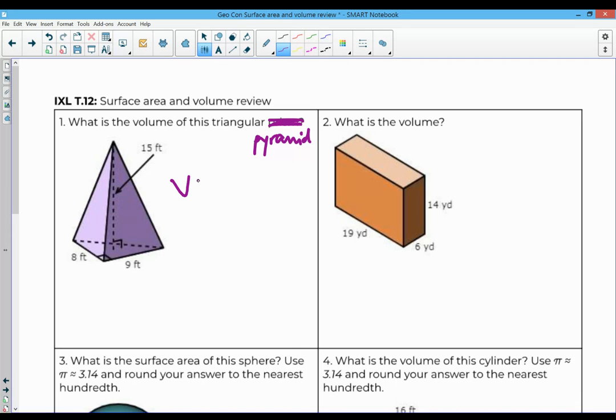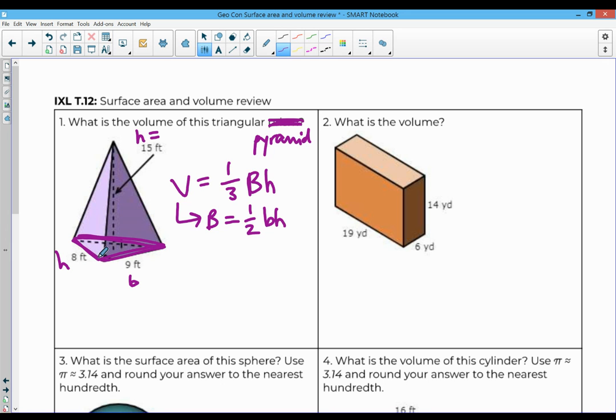Volume is 1/3 big B times H. So, this 15 is the H, and big B is going to be the base of this triangle. So that's 1/2 little b times little h.